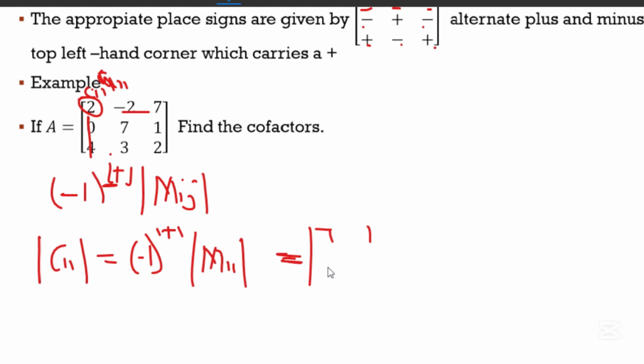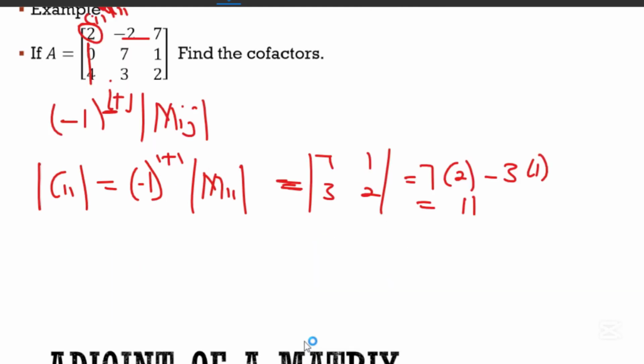Find their determinant: 7 times 2 minus 3 times 1, which gives us 14 minus 3, which is 11. Okay, now let's find the next one.